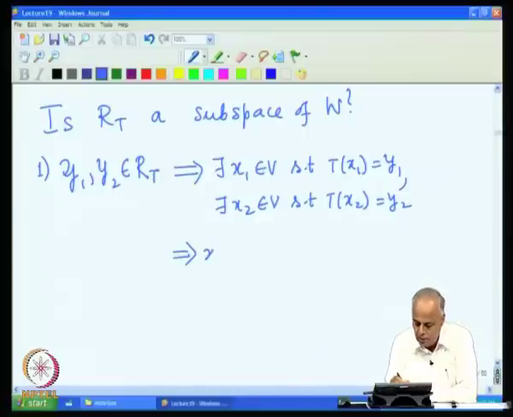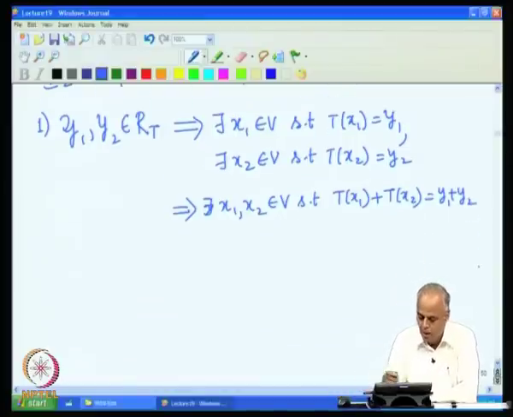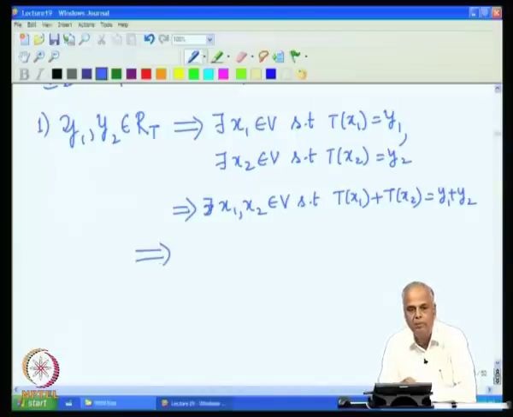which implies there exist x 1, x 2 in V such that T of x 1 plus T of x 2 is y 1 plus y 2. Now, since T is linear, T of x 1 plus T of x 2 is T of x 1 plus x 2.